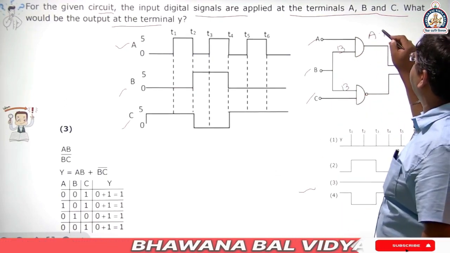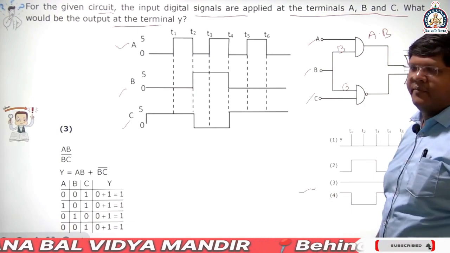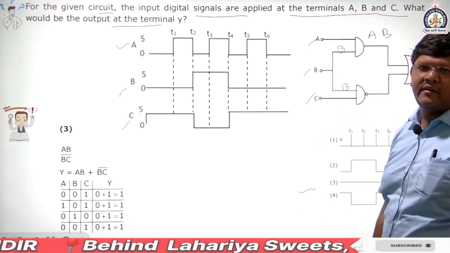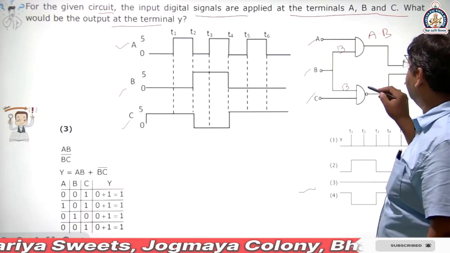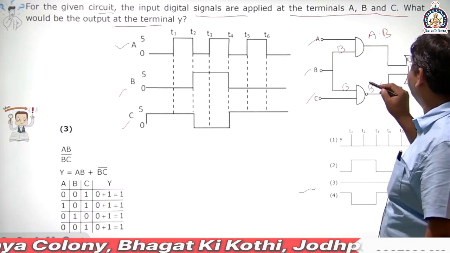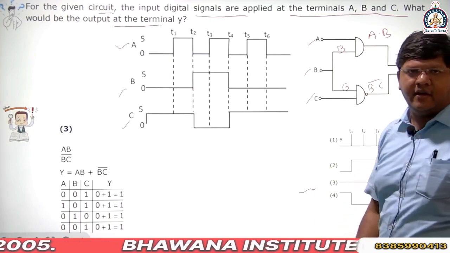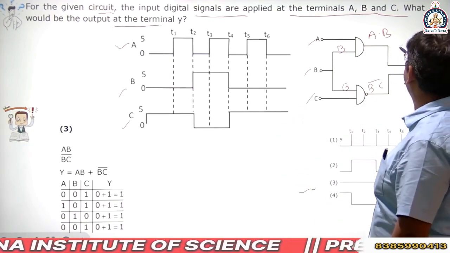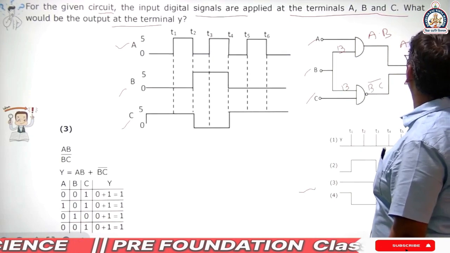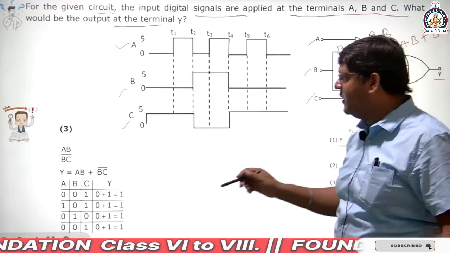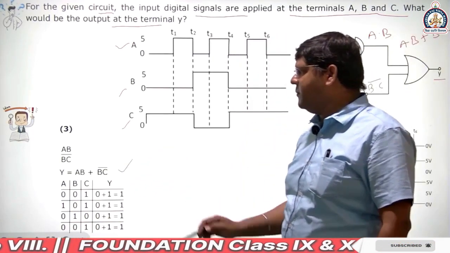The AND gate always multiplies A dot B, and this is a NAND gate. The output of the NAND gate will be B dot C bar. And this is the OR gate. The OR gate combines, so the resultant will be AB plus BC bar. Y equal to AB plus BC bar.